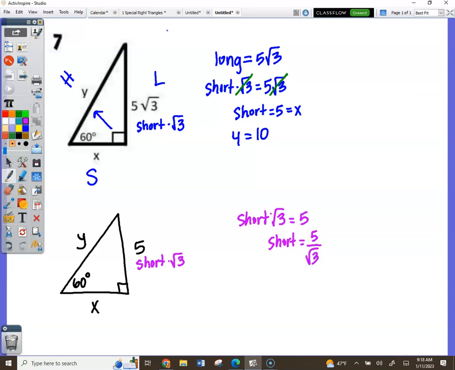And then you would finish this by, starts with an R, rationalizing it. In this case, my short side is the letter X, so you could put an X there if you wanted to. I need to rationalize this. What do I multiply by? Square root 3 over square root 3.